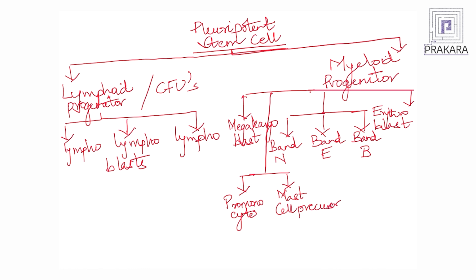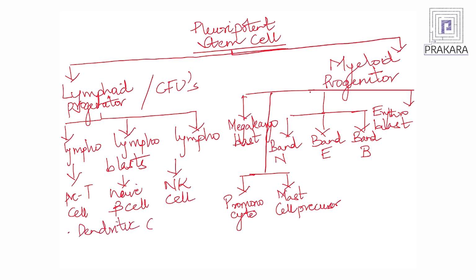In the next stage, these blasts, which are all precursors to the final blood cells, divide further. The lymphoblast divides into the pre-T cell, naive B cell, and natural killer cell. Another cell called the dendritic cell also comes from the lymphoid progenitor.